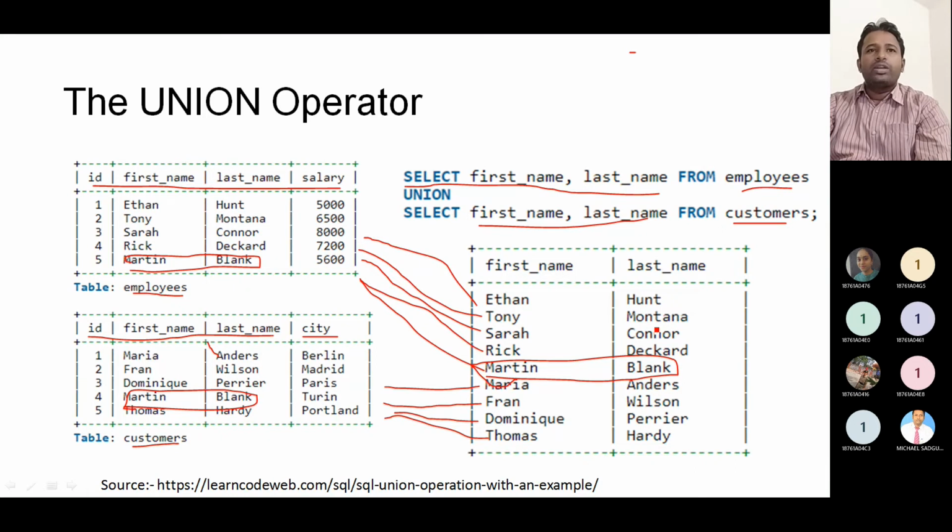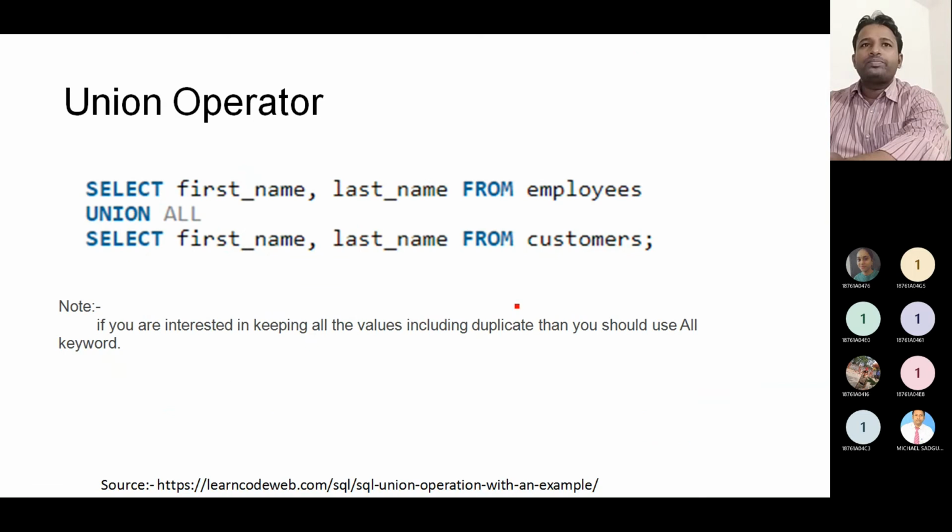Duplicates are removed. So 5 plus 5 is 10 rows, but here there are 9 rows because one is repeated. So that is about the union operator.